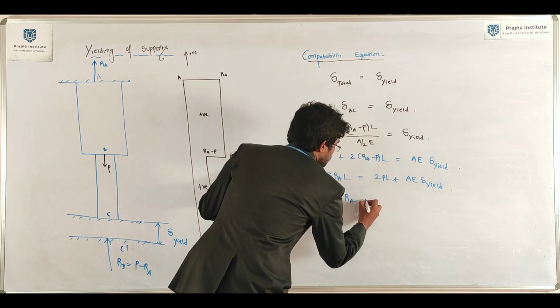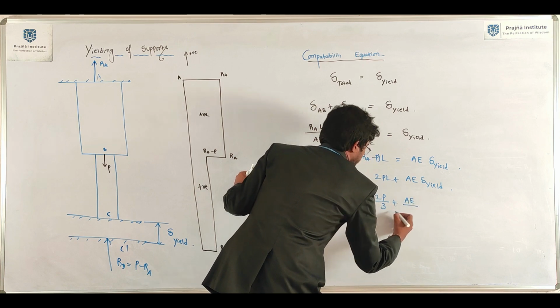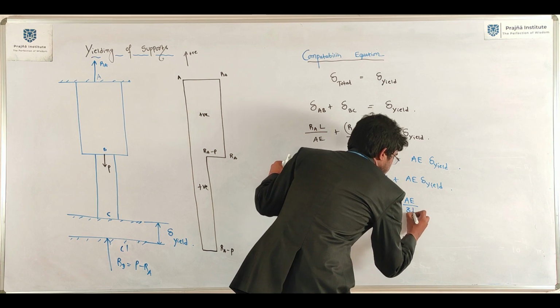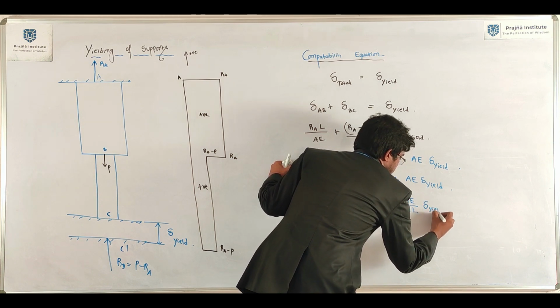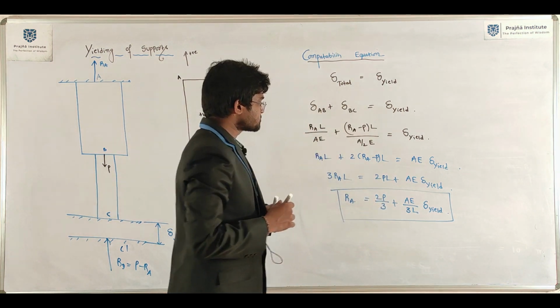Finally RA equals 2P by 3 plus AE by 3L delta yield. It is nothing but RA. Same expression you got.